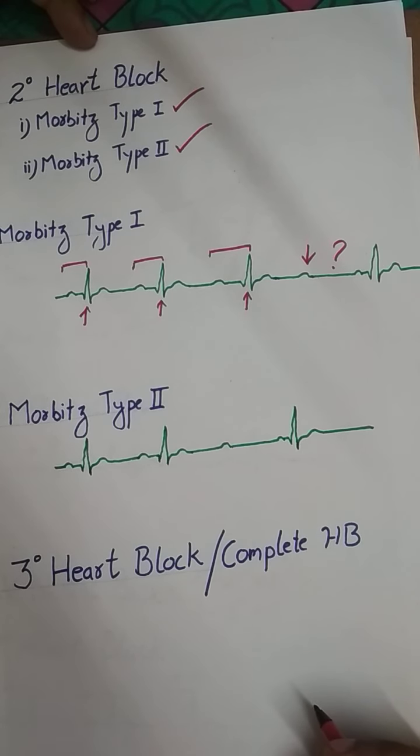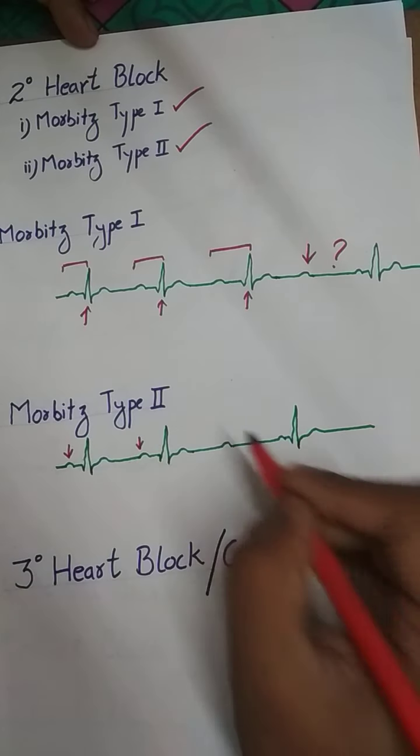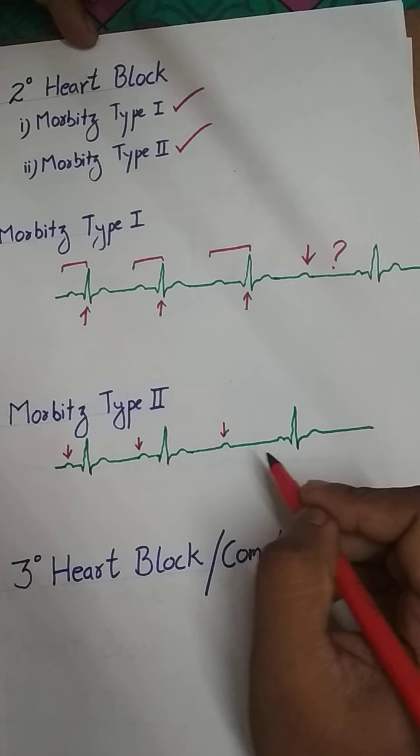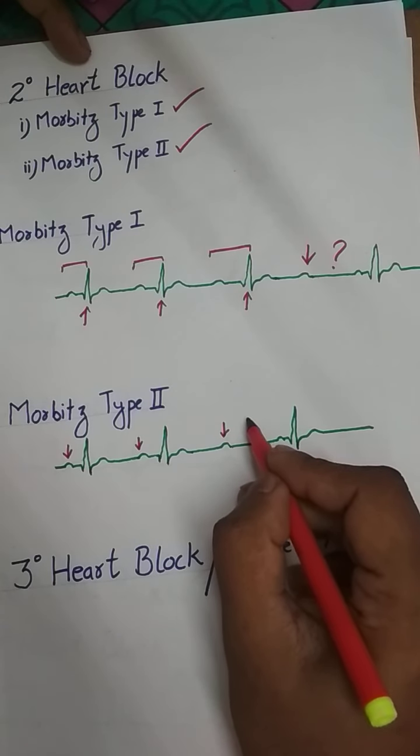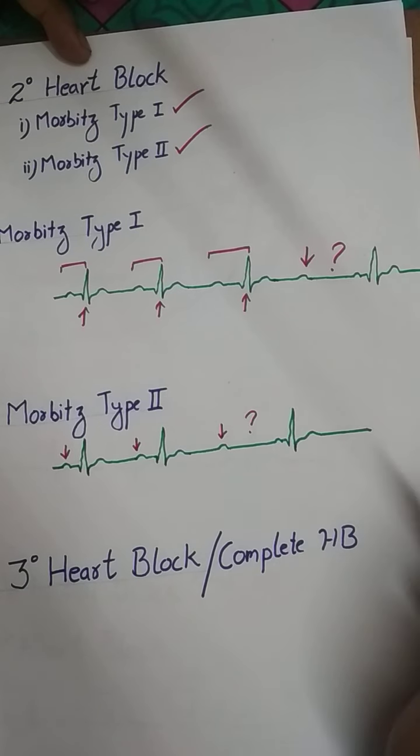So what is the change? You might have noticed there would be P waves, but occasionally there would be a P wave that is not followed by a QRS complex. So suddenly there is loss of the QRS complex.